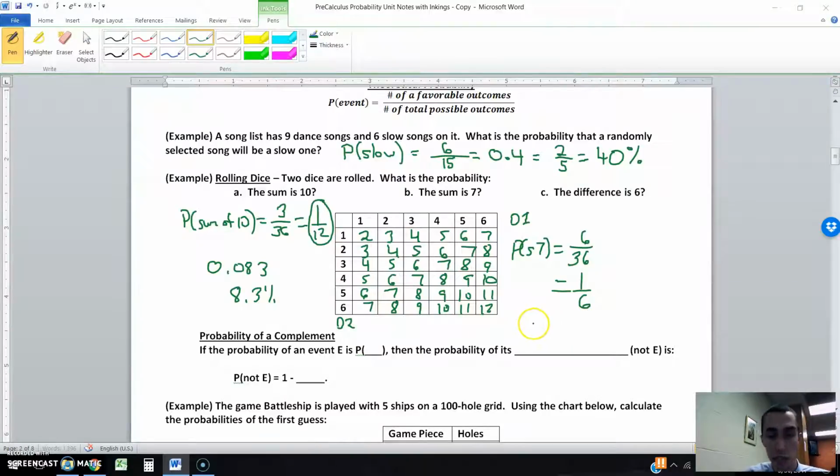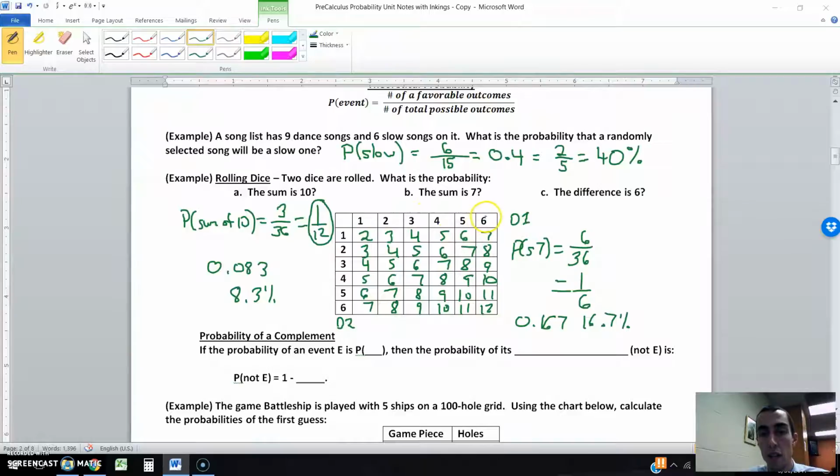Or if we change that into a decimal, that'd be approximately 0.167 or 16.7%. So we can see it's twice as likely that we would have a sum of 7 as a sum of 10. Last, a difference of 6.